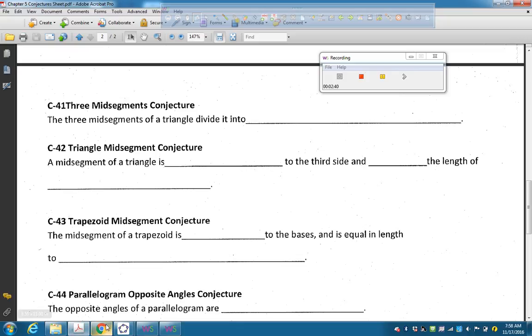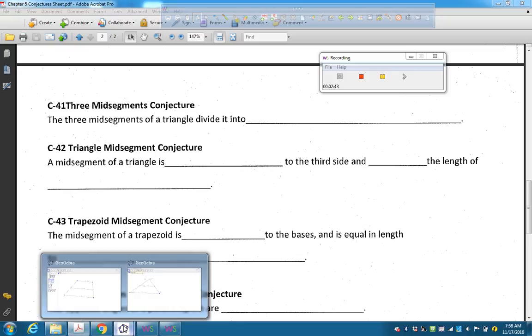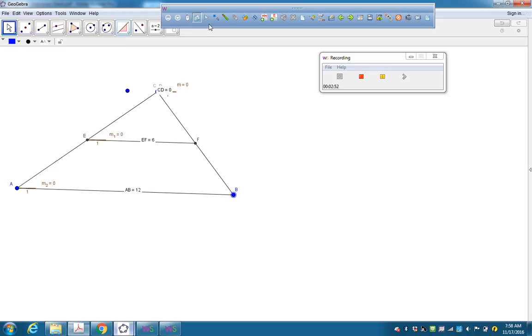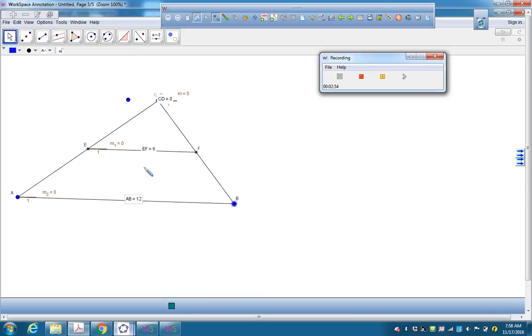The other thing. Hey, turn around. The other thing that is true that I didn't totally show you is that if I were to connect all 3 midpoints in a triangle, let's see, I can do that on here.